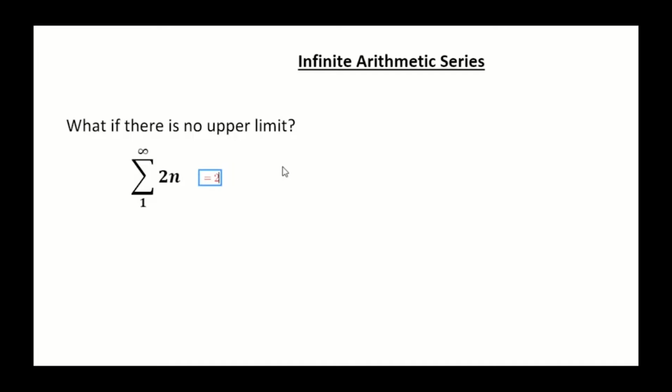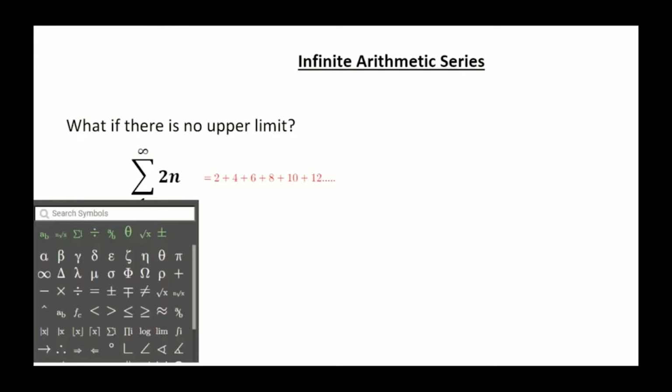You're just multiplying 2 by the term number. So it would be 2, 4, 6, 8, 10, 12, etc. So the sum would be 2 plus 4 plus 6 plus 8 plus 10 plus 12, and you would keep going on. What you might notice is that these numbers are just getting bigger and bigger, and as I add them, you're going to have the same effect where it just goes to infinity.